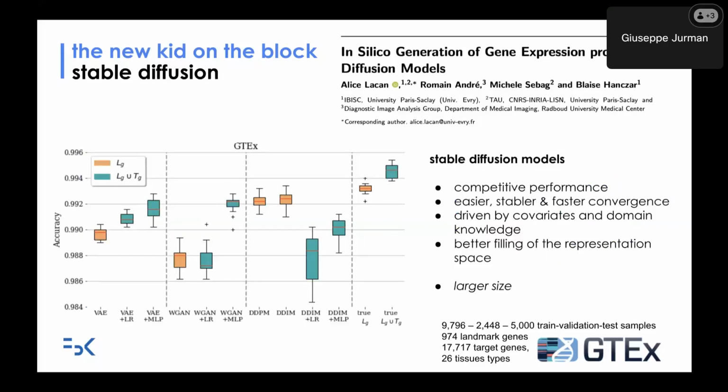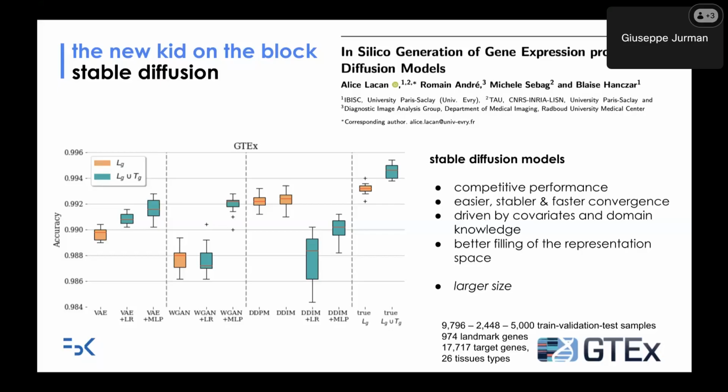In particular, stable diffusion models on GTEx data, so publicly available models, have a competitive performance with other mechanisms, but they provide easier, stable, and faster convergence. They are driven by covariates and domain knowledge more than GANs, okay?